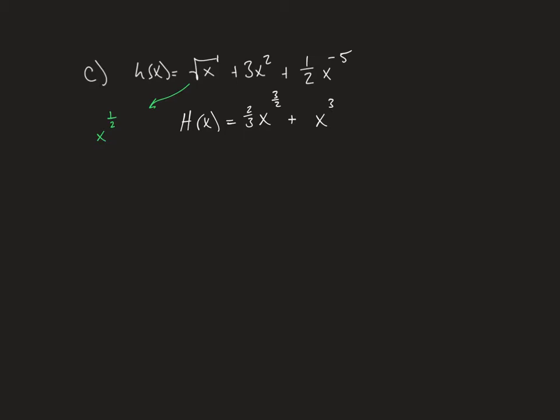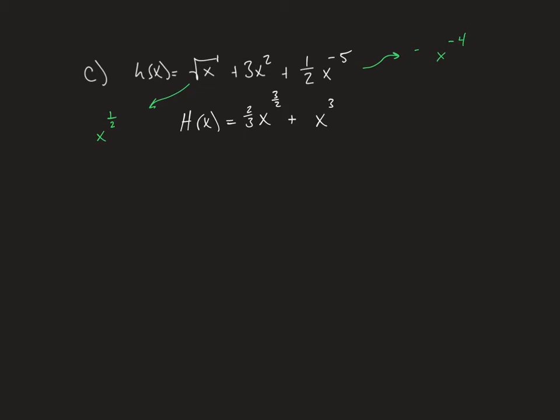And then this one is going to take a little bit of thinking. So when I go up 1, or increase that exponent by 1, it's going to have to be an x to the negative 4th. Okay? But when I take the derivative of this, I need there to be a 1/2 here. And it's a positive 1/2.